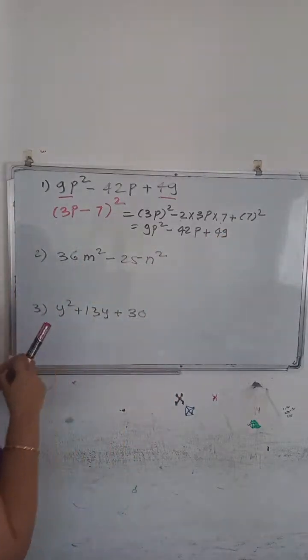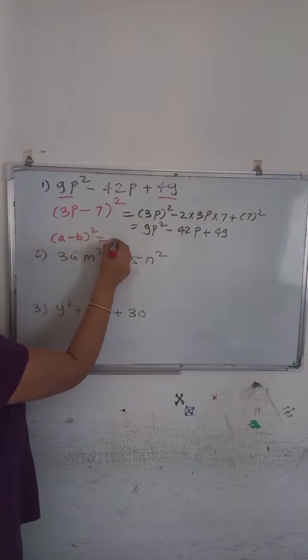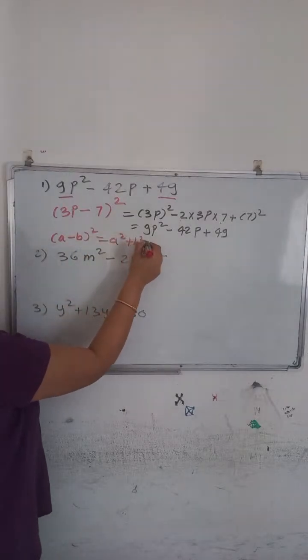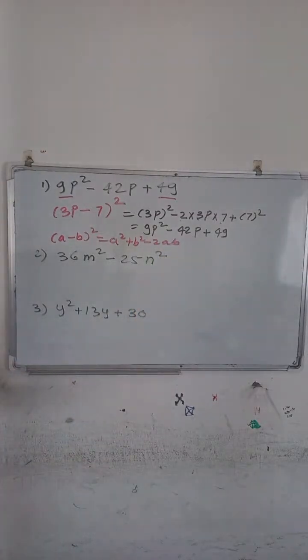So here I used the identity a minus b whole bracket square, that is a square plus b square minus 2ab. Can you get this? This is the identity we used over here. Getting this? This is I think the 30th question. Check.